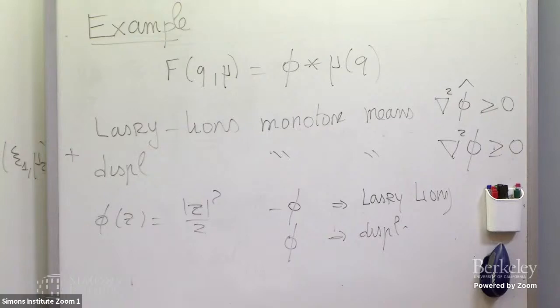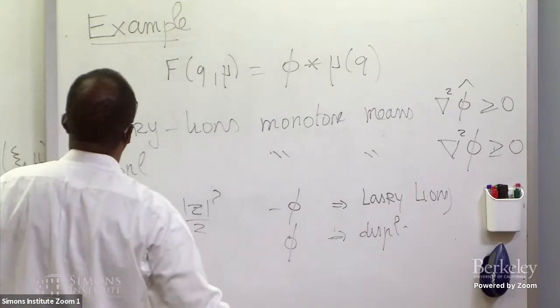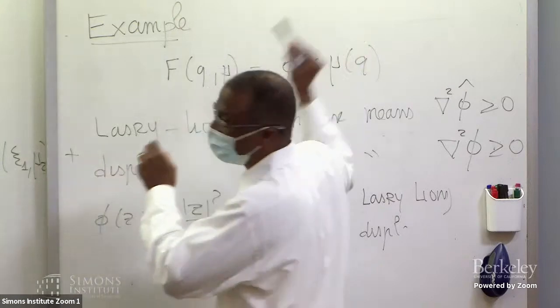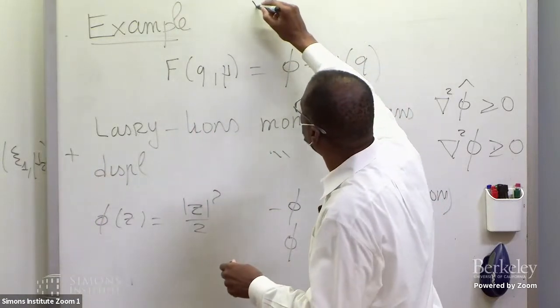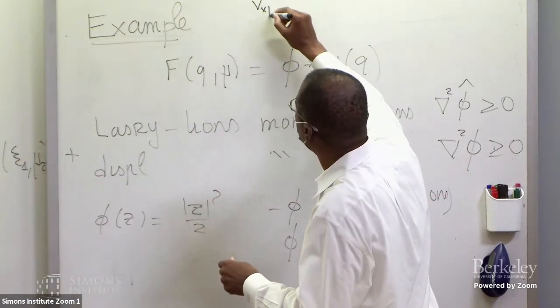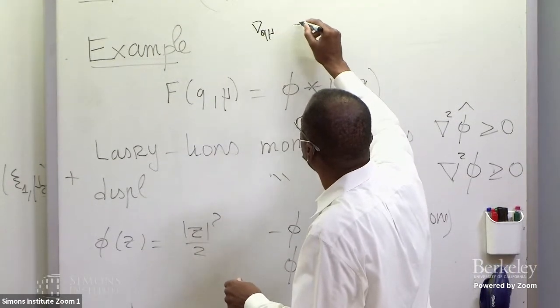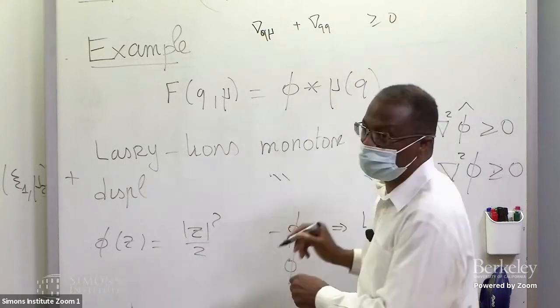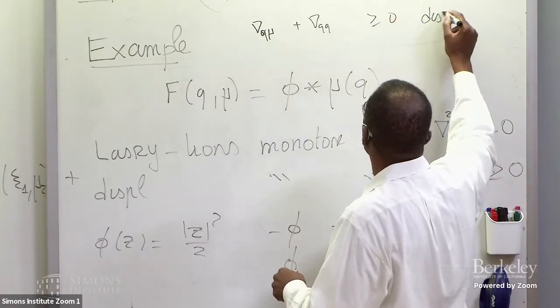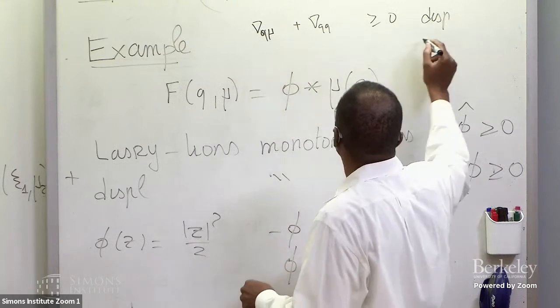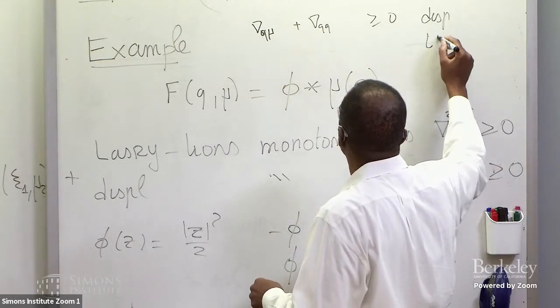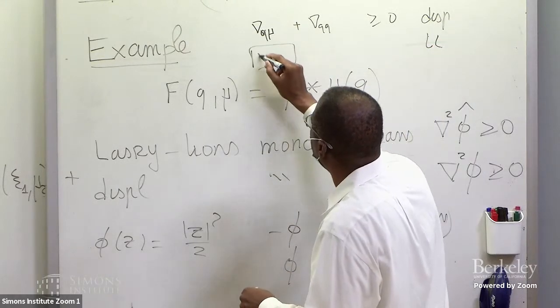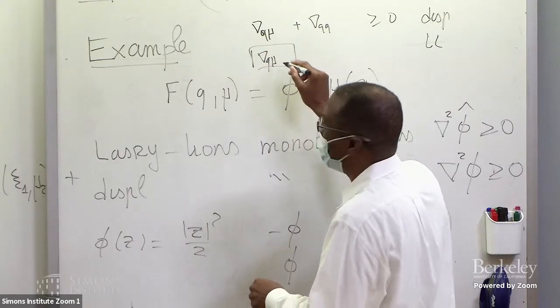Would you put them together and add the two functions? And what is the class that you obtain then? Yes. So you can show that this condition is equivalent to: the gradient in μ plus the gradient QQ is greater than 0, which is displacement monotone, and this is Lasry-Lions, which is greater than 0.